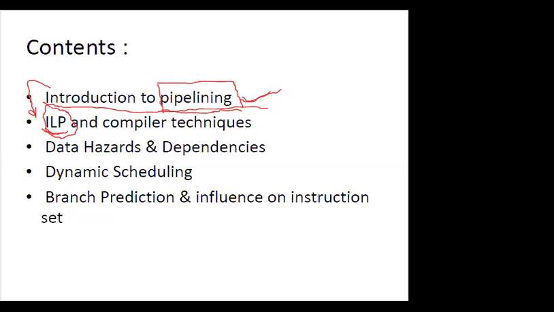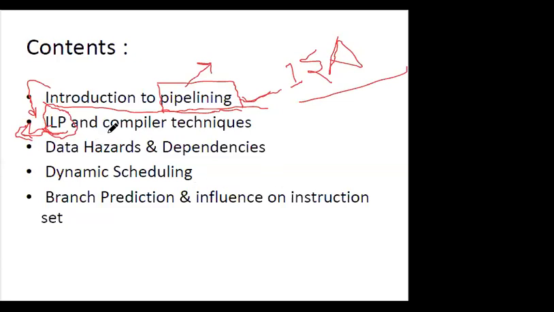They are basically the same in the sense that pipelining is the basic criterion, whereas how do we implement the basic concept of pipelining in the computer architecture system on the instruction set, or ISA, instruction set architecture? How do we implement the concept of pipelining on ISA? That is known as ILP.